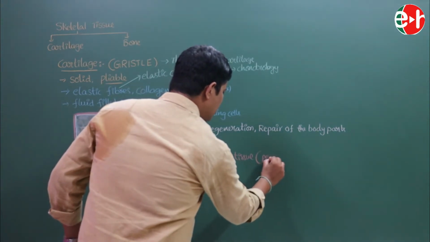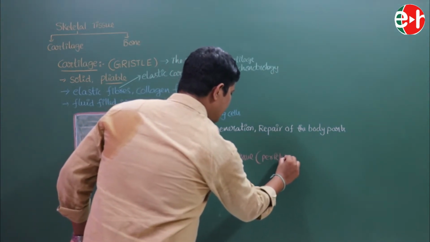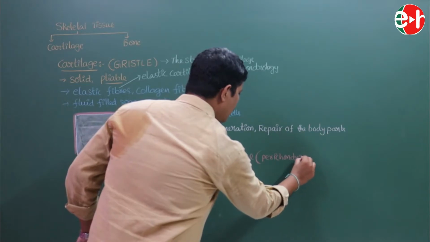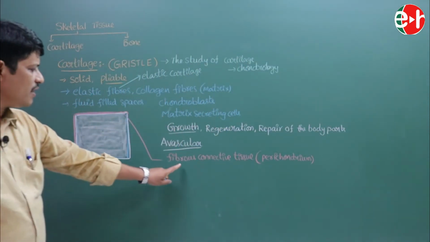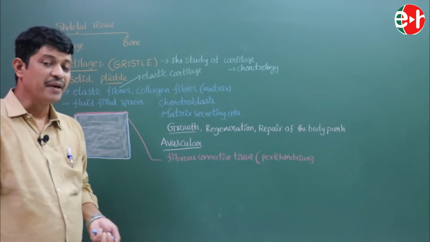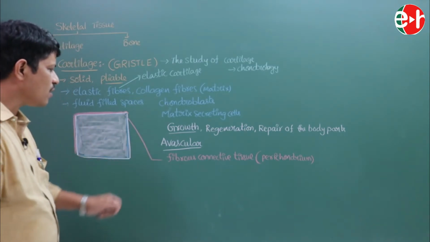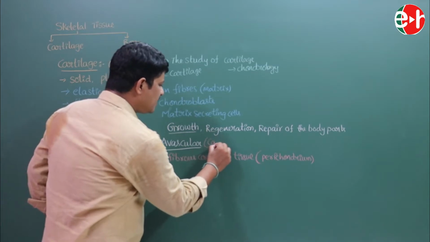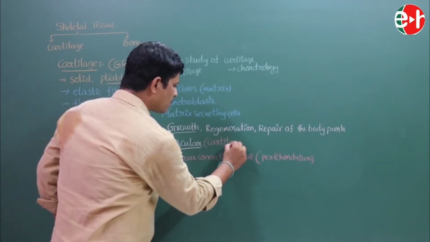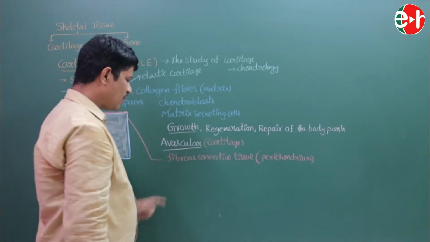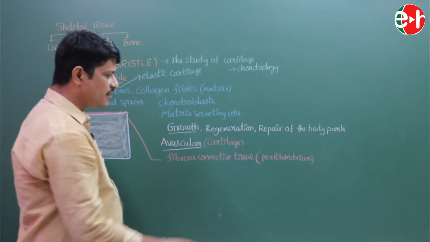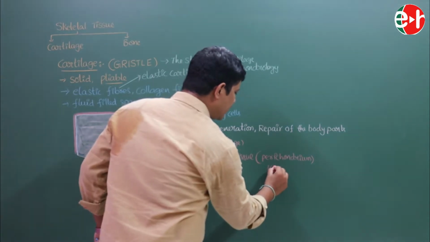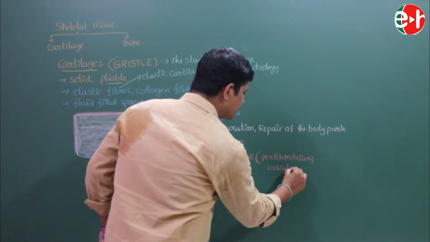This is what is known as perichondrium. Cartilage is surrounded by a fibrous connective tissue, the perichondrium. Actually, the cartilage is avascular, no blood vessels. But the fibrous connective tissue which surrounds the cartilage, the perichondrium, is vascular.